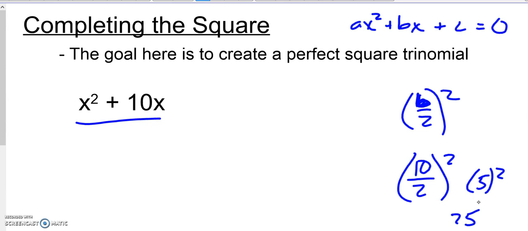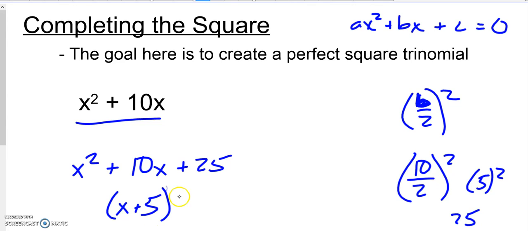Normally if this was an equation, we would add 25 to one side and 25 to the other side. You'll see what that's going to look like. Just for the purposes of showing you how this turns it into a perfect square trinomial, this factors into x plus 5 times x plus 5, or x plus 5 to the second power.